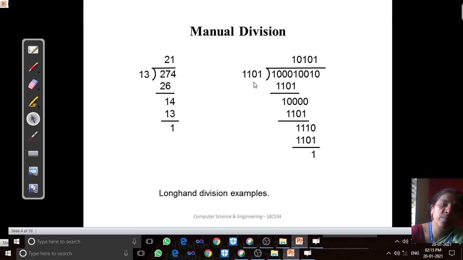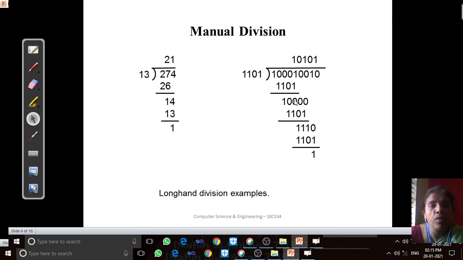Now the same thing if you perform in binary division, 13 is 1101. Now here 1000 is there. Since it is 4 bit, with a 4 bit dividend and 4 bit divisor, if you take the dividend it is less than the divisor, so you have to take 5 bits and perform the division. 13 ones are 13, you bring it back here, 1101.